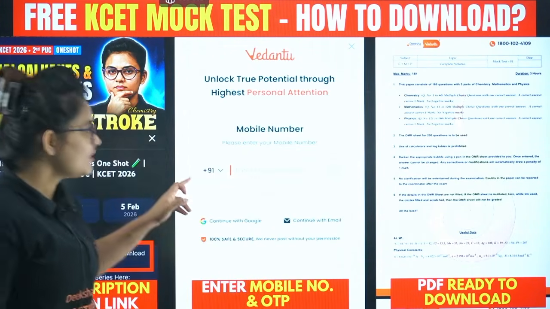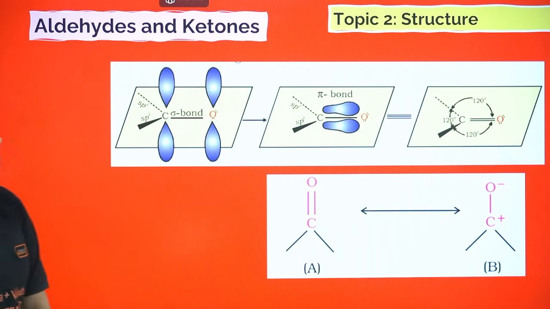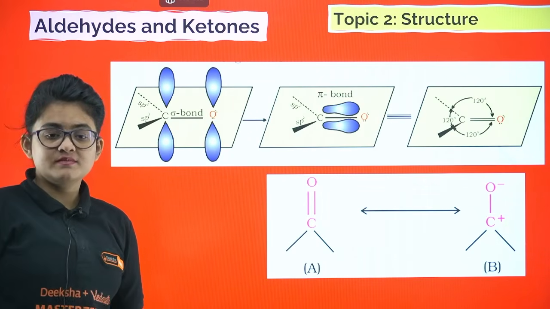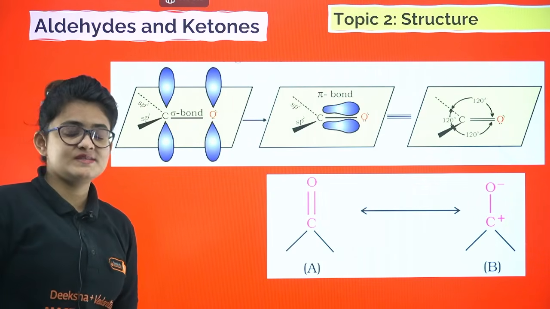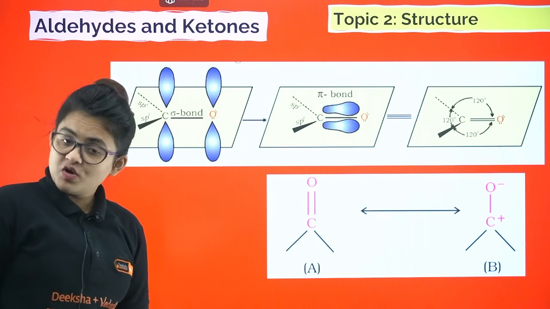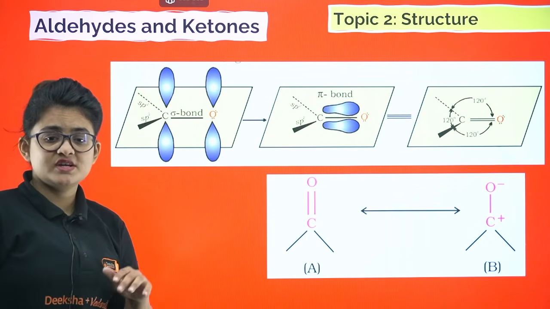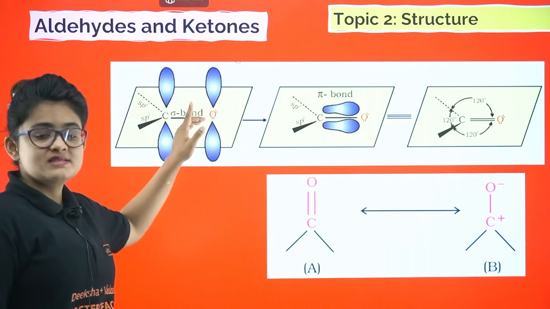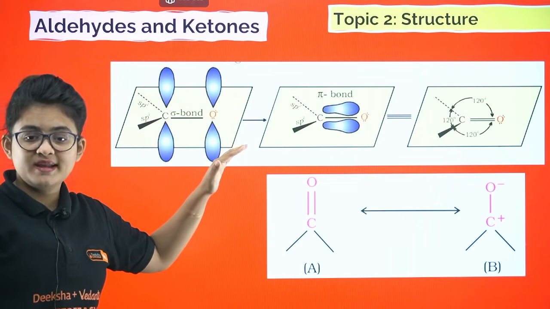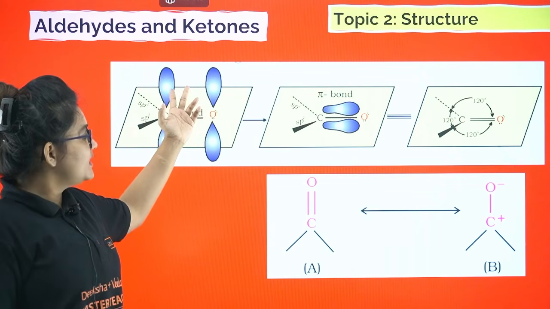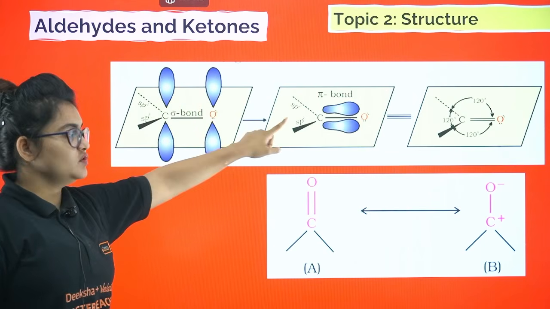Let's proceed. Here we will discuss the structure. The carbonyl carbon is sp2 hybridized, and hence it is a planar structure. In the planar structure, the p orbitals are perpendicular to the plane, and these perpendicular p orbitals overlap to give you the pi bond.